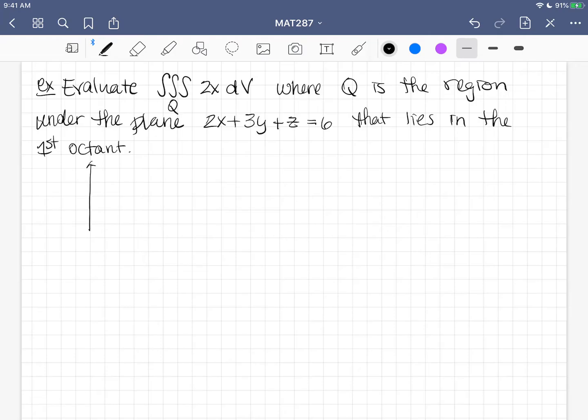We've been sketching planes a lot recently, so the first thing to do is get a little sketch. This is going to hit the z-axis at 6, the x-axis at 3, and the y-axis at 2.